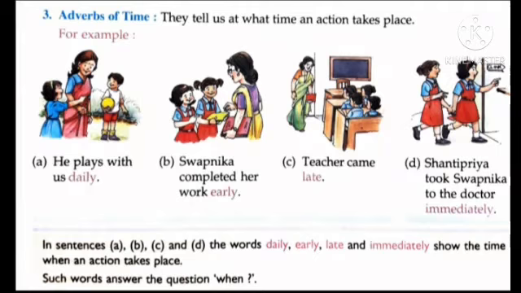Shanti Priya took Swapnika to the doctor immediately. In these sentences, daily, early, late, immediately show the time when the action takes place. Such words answer the question when. When he plays with us? Daily. When teacher came? Late. Is it clear? All these words show adverbs of time.